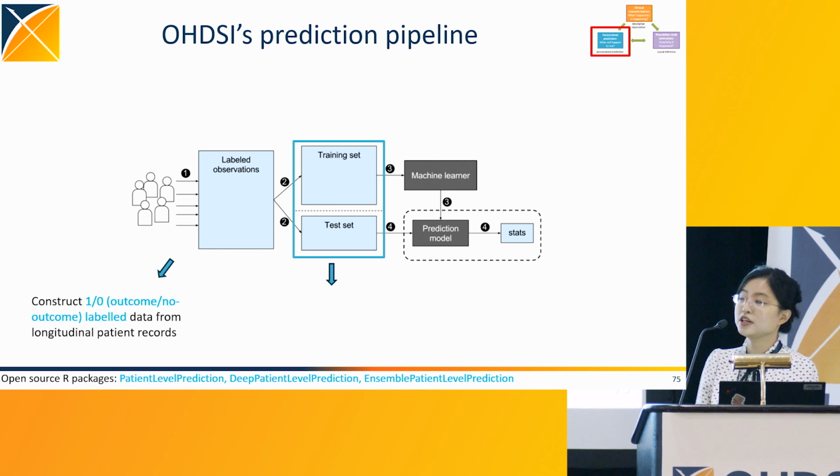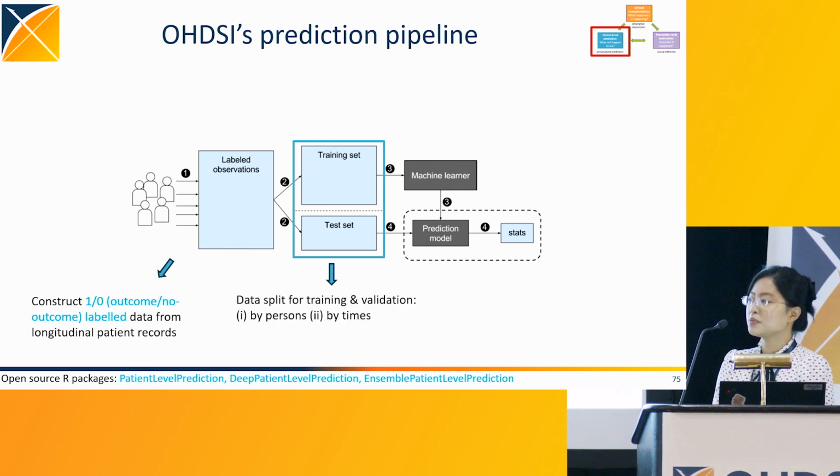The second component touches on classical machine learning principles, for those of you who have learned about machine learning before. It's really important to not use all the data to train the model. It's very important to split the available data into, say, a training set and a testing set. Within OHDSI, we do, for example, a 65% and 25% split. The larger part is the training data.